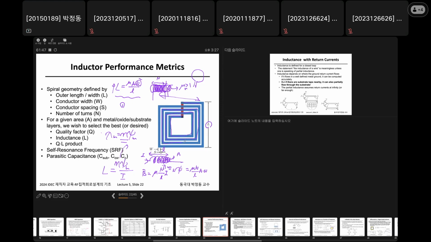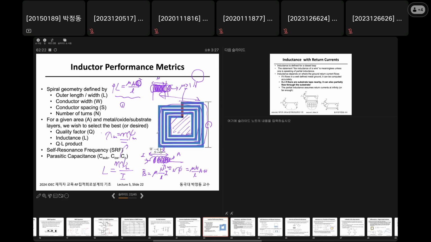How many turns do we have? 1, 2, 3, 4, right? 4 turns. But unfortunately, this is different from this N. Why? Because of the area, right? The area is different. Okay. So linkage is reduced quite a lot for this on-chip structure. Okay. This is problem one.